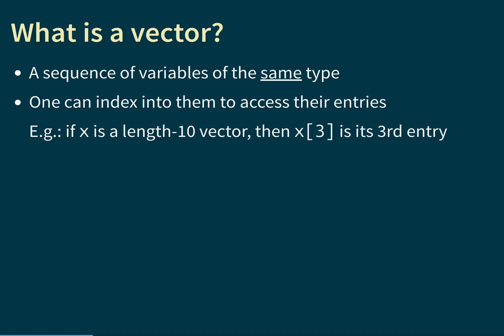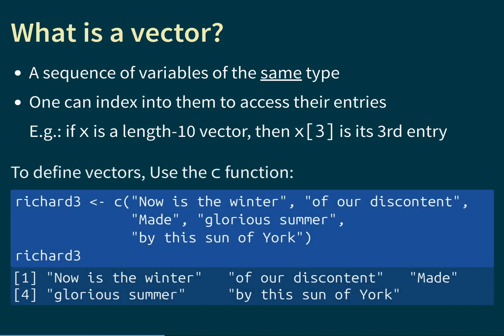entry of this vector. To define vectors, we use the c function, and really this function is just denoted by the letter c, short for combine different values into one vector. So here's a simple example where we create a character string vector. Let's call it richard3 because this is actually the first couple of lines of William Shakespeare's play Richard III.